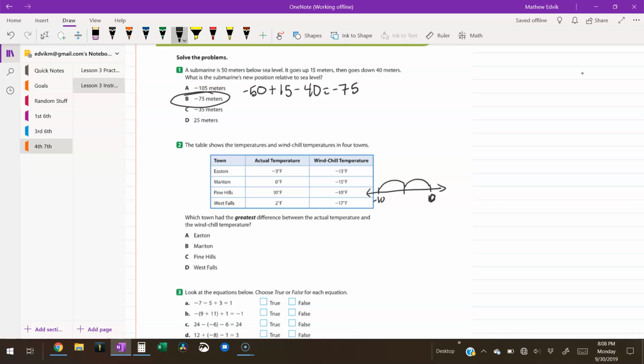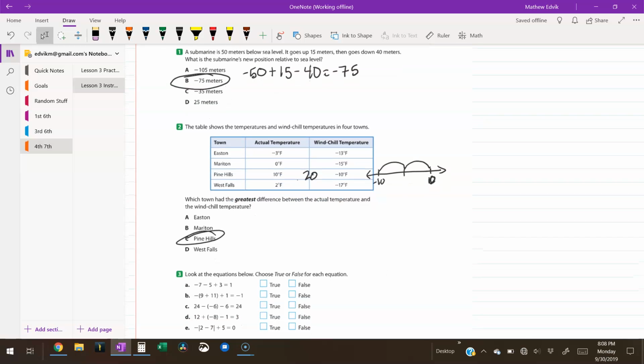And West Falls, if you're at -17 and 2, you end up with a difference of 19. So I would say that that's a difference of 20 there. That's going to be your greatest difference.